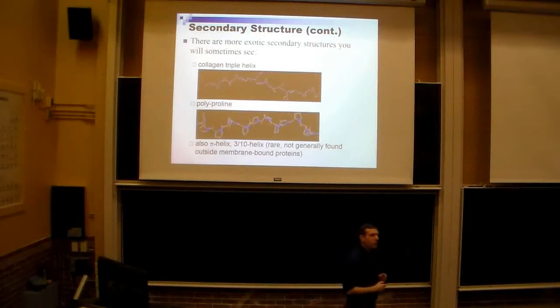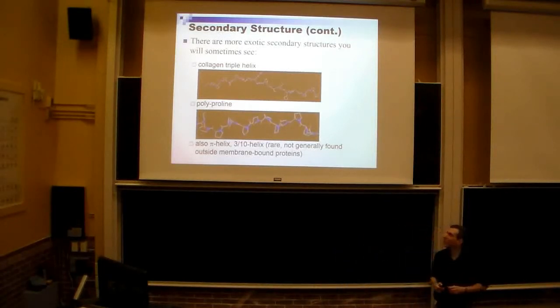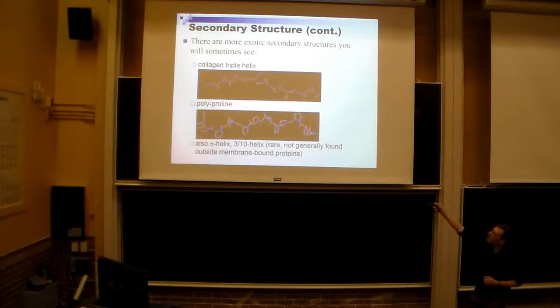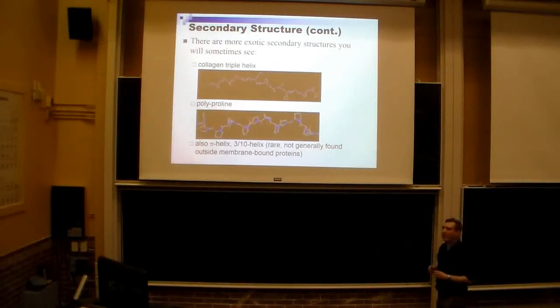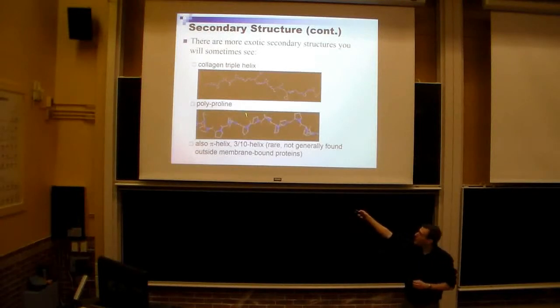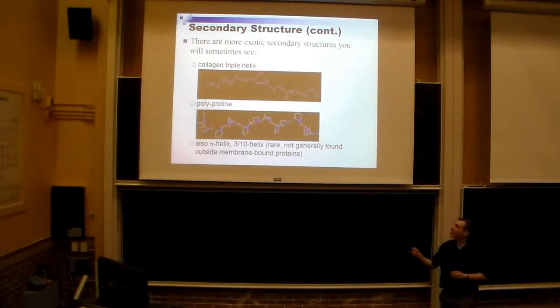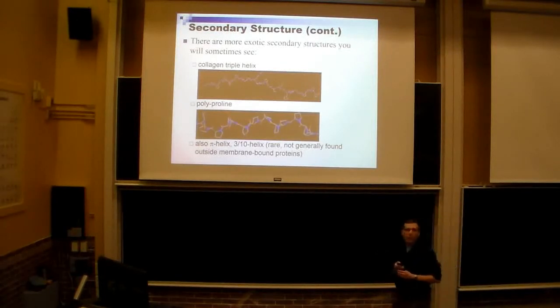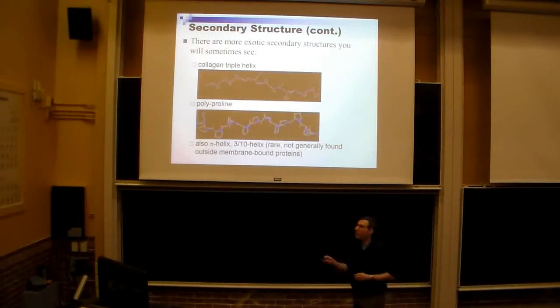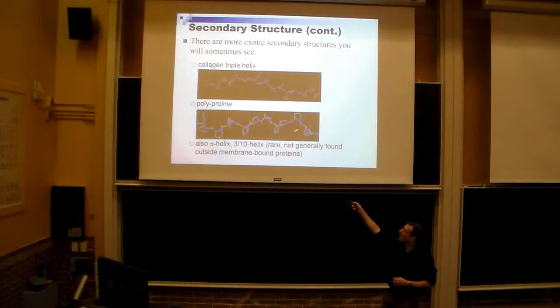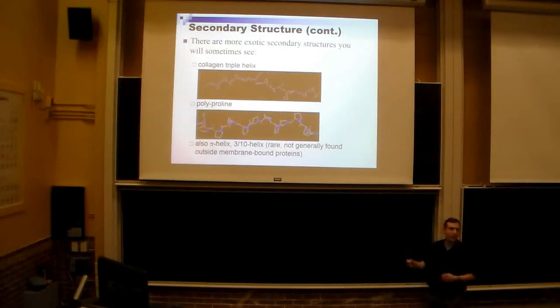It's worth noting that those are not the only kinds of secondary structures. There are some more exotic ones you'll sometimes see. So this is a collagen triple helix, a kind of more elongated version of helix that's found specific to a protein type called collagen or related proteins. There's another kind of helix you get that's called a polyproline helix, and it's called that because if you put lots of prolines in a row in a protein, they form very favorably this particular kind of elongated helix structure.